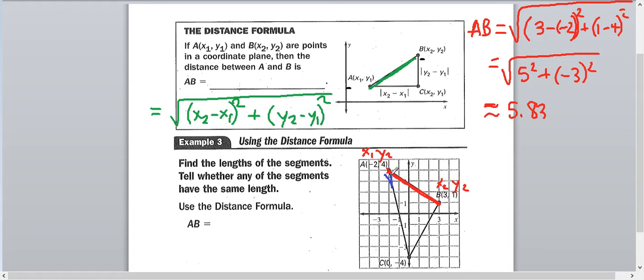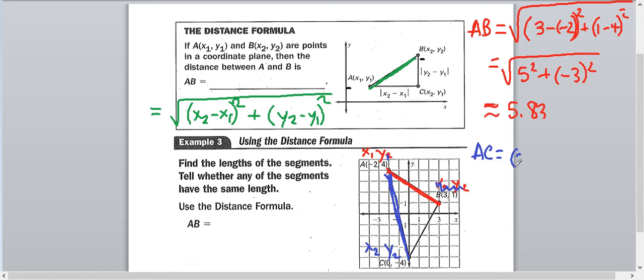So let's do the difference between A and C. So now I'm trying to find AC. Now I can keep my A point as x sub 1, y sub 1, that should be a 1 right there. And I'll make my C x sub 2, y sub 2. Okay, so again, it's the difference in my x's.